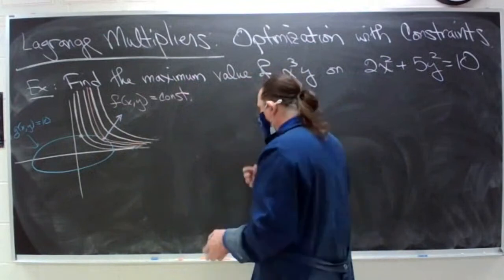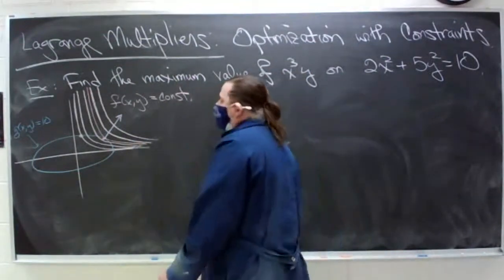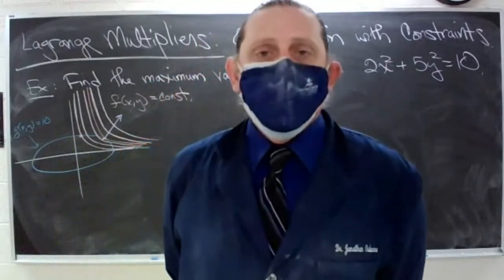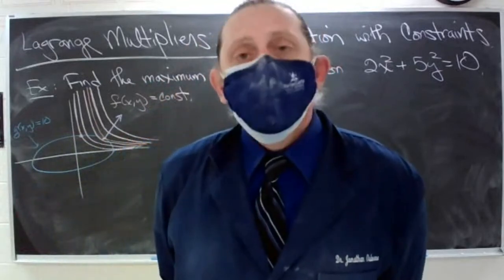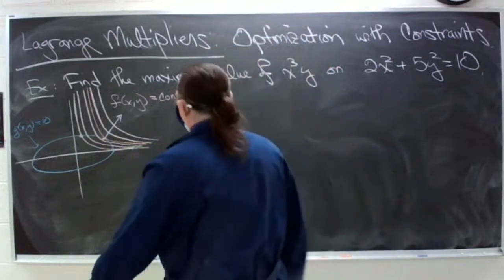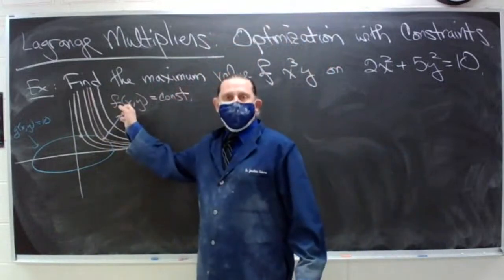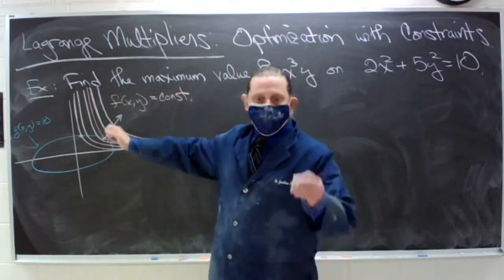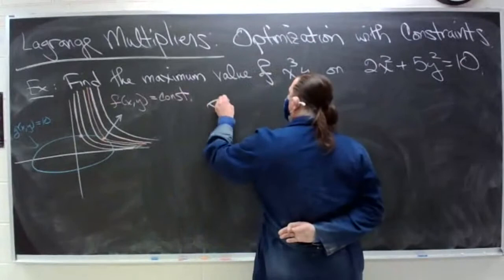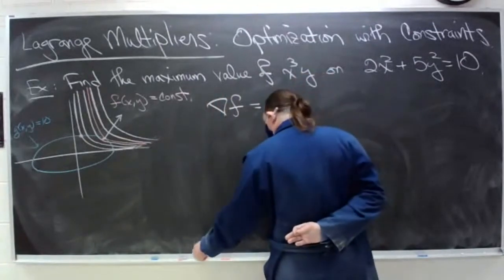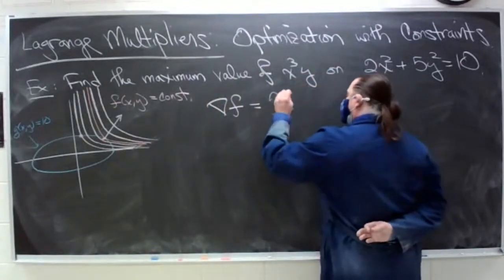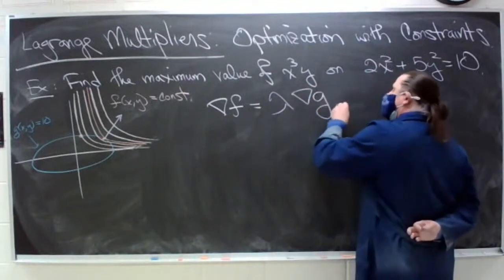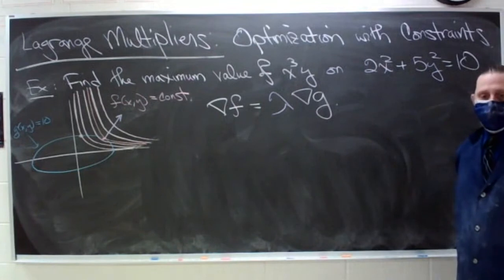All right? So if my constraint equation was written as g of x and y equals 10, and my function to extremize is written as f of x and y, then we would say gradient f is a multiple of gradient g.